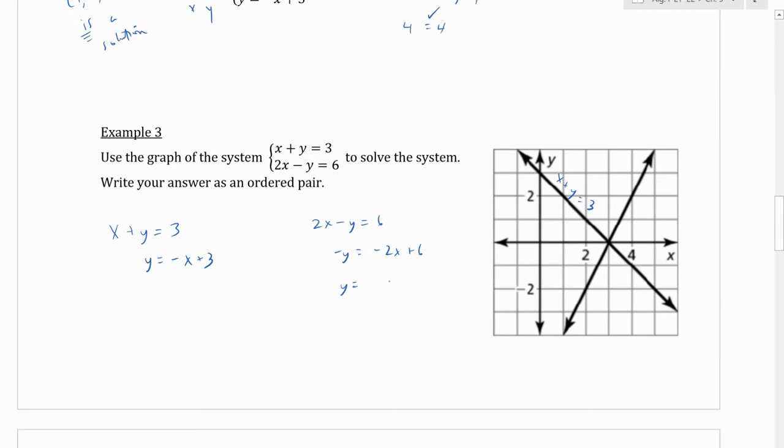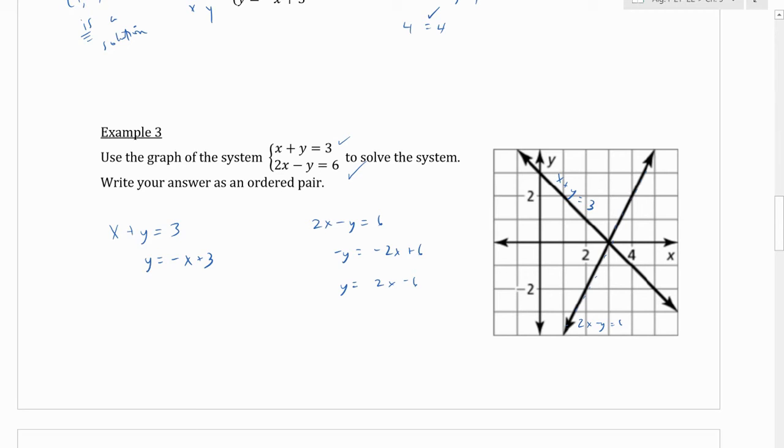Divide both sides by a negative. That's this one. And so any point on that line is a solution to the bottom equation. Any point on the one with a negative slope is a solution to the top.